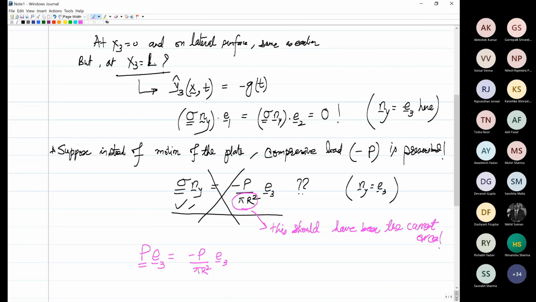Because we know that P times E3 gives you load per unit undeformed area, right? An undeformed area is known to us, pi r square.